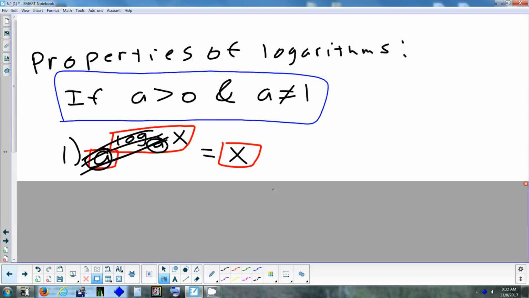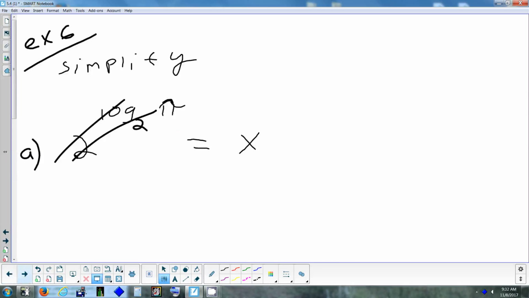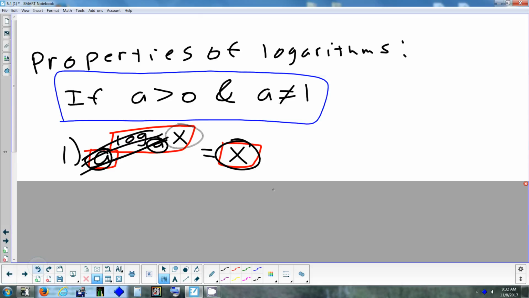You don't cross it out in your notes because you need to read it. But that whole part cancels itself out, and the answer is whatever was sitting right there. So in this problem, that whole thing would just cancel out because the 2's match, and the answer is whatever's sitting right there. Again, there's no arithmetic to really do. It's just a special pattern. Only works if those two numbers are the same.